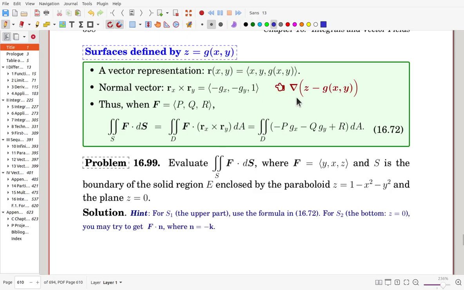Of course, you can get it from the level surface. So try to get the gradient, then you can reach that one. It's easy to memorize. So for the surface integral of the vector field P, Q, R, in the evaluation formula, we have that.